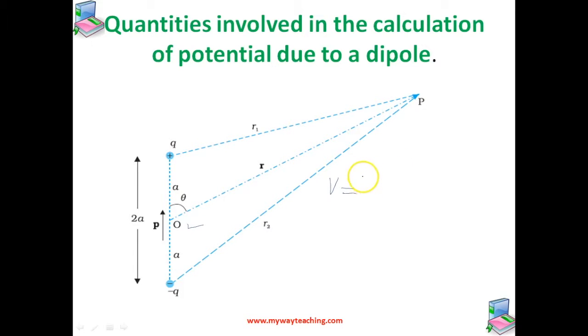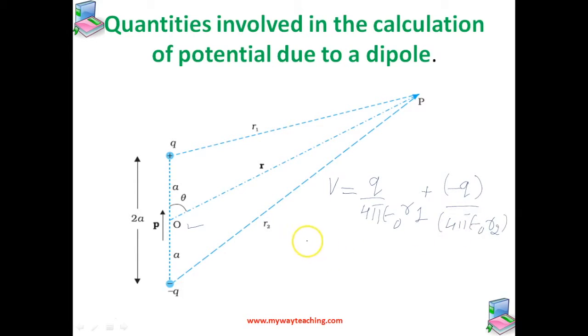That is given by, we know the potential due to charge plus q is q by 4 pi epsilon naught R1, and similarly the potential due to minus q is given by minus q by 4 pi epsilon naught R2.